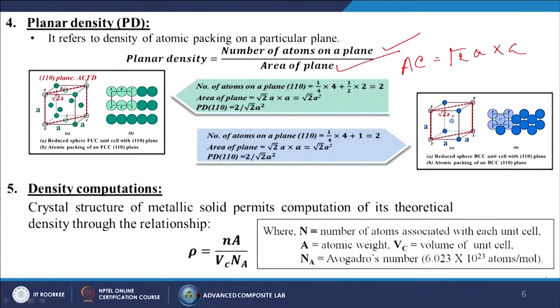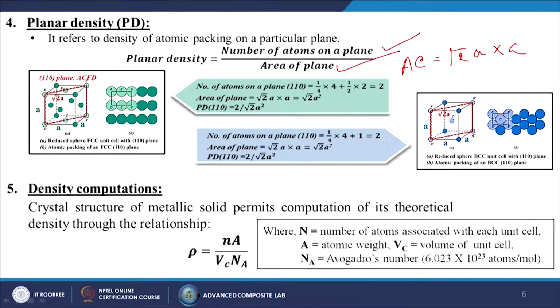Now, if we talk about the BCC structure, the number of atoms on the 110 plane is 1 by 4 into 4, because of the four corners A prime, B prime, E prime, D prime, plus 1 in the middle, that is the C prime. So, here also the number of atoms is 2.